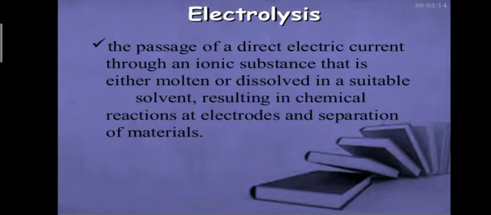They allow the flow of electric current through a substance. The flow of current exists due to physical change, while the production of electricity is due to chemical change. Then electrolytes are the substances which conduct electricity in molten or solution state, and electrolysis is the process in which chemical change takes place at the surface of electrodes due to the passage of electric current.